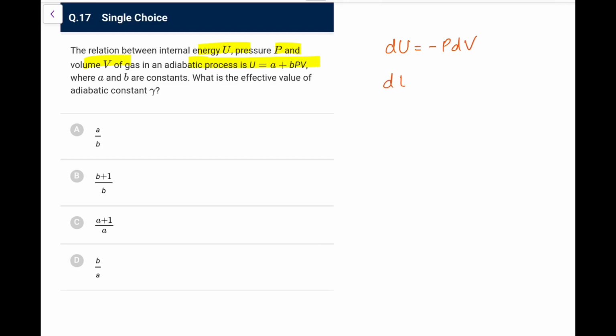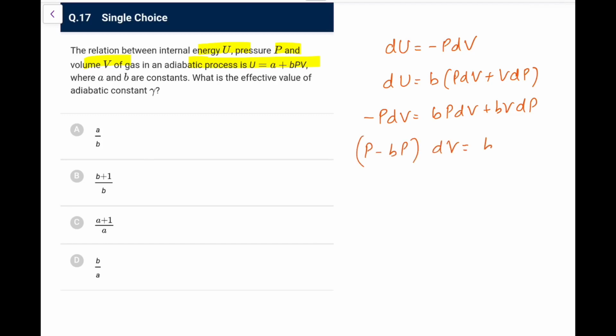So what I can write from here, dU comes out as B times P dV plus V dP. So minus P dV is B times P dV plus B times V dP. So what we are left with, we take the dP and dV terms here. So it is P minus BP dV is equal to B times V into dP.